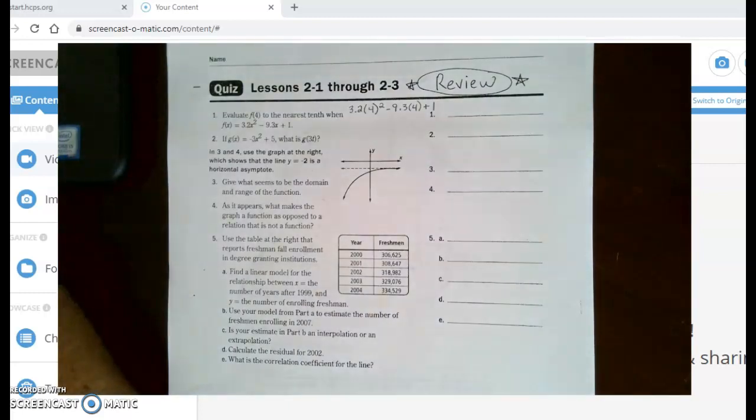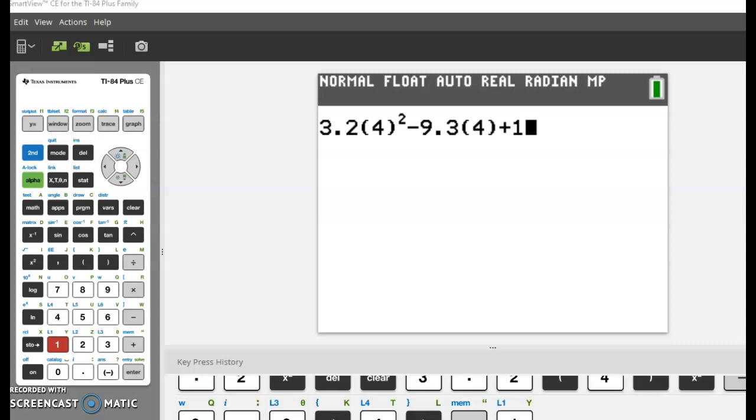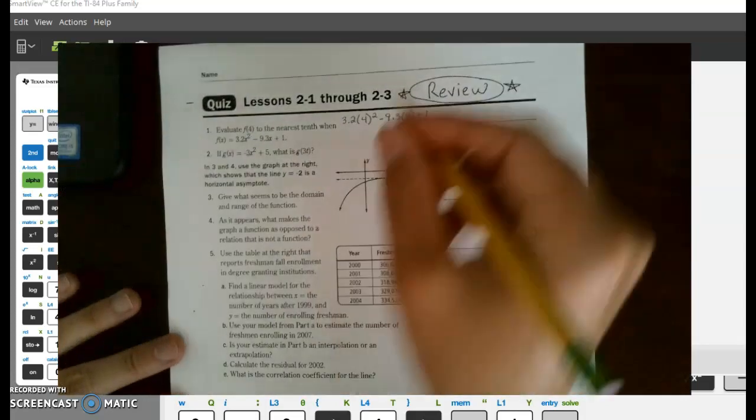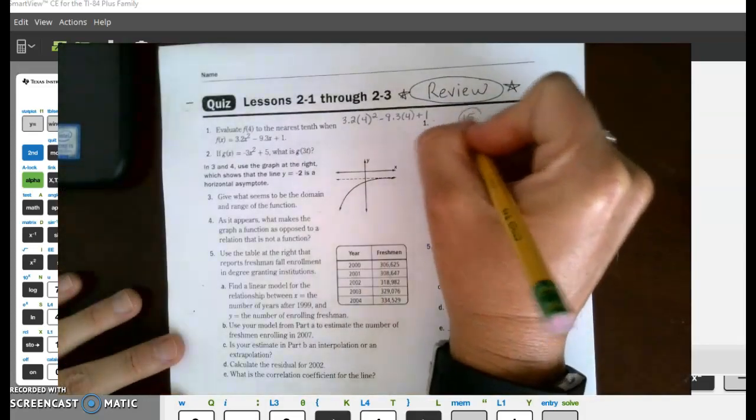I'm going to go ahead and just put this into my graphing calculator. Right, so I've entered this into my graphing calculator, and enter, and I get 15. So I write 15 down as my first answer.